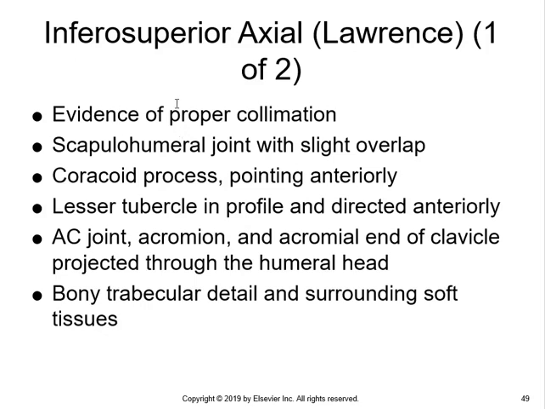So we're going to look for evidence of proper collimation. We're going to look at the scapulohumeral joint space. You've got a slight overlap. I'll point out where the coracoid process should be, but it should look like it's coming basically out of the glenoid cavity.